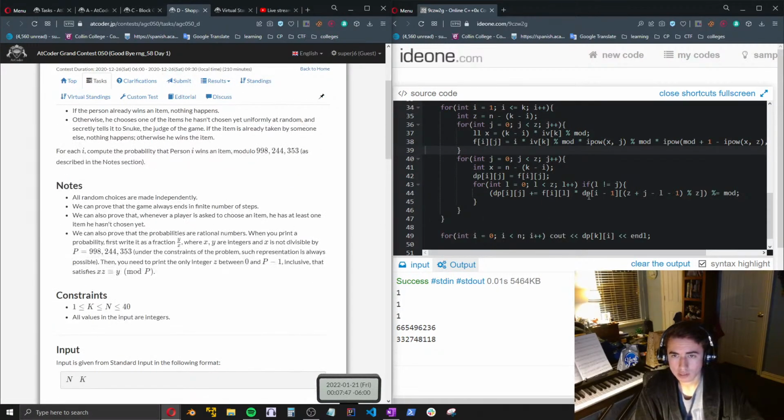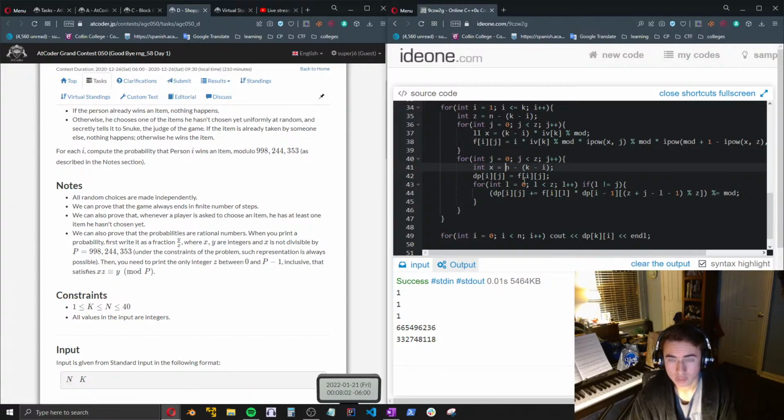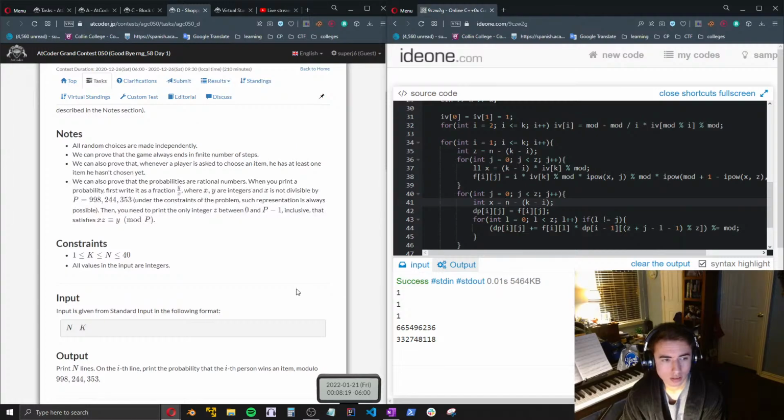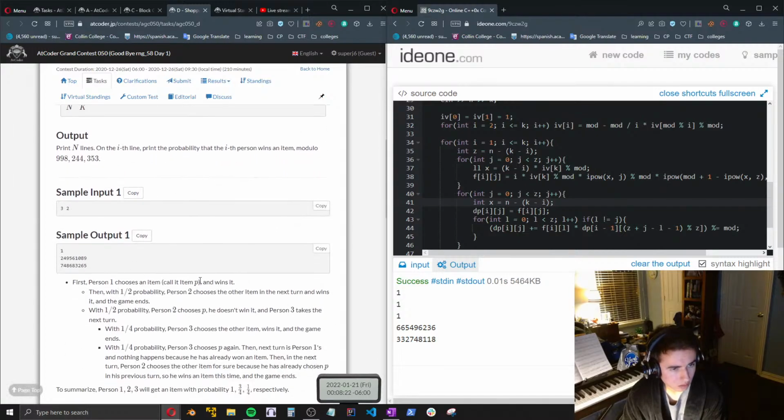Let's see, we're getting close to finished with this. N minus K minus I. Give me a ij, what's f of ij? What am I doing? First person, choose probability function.